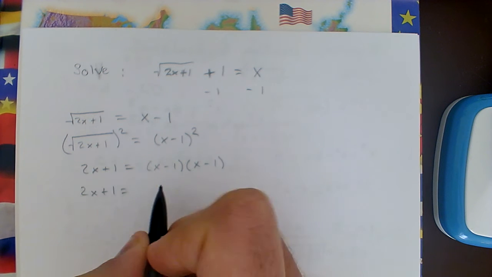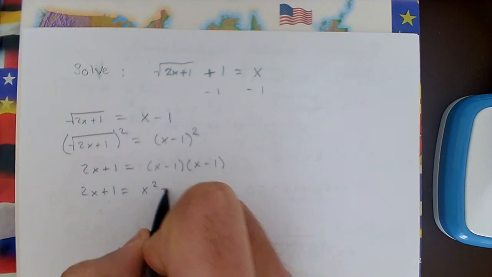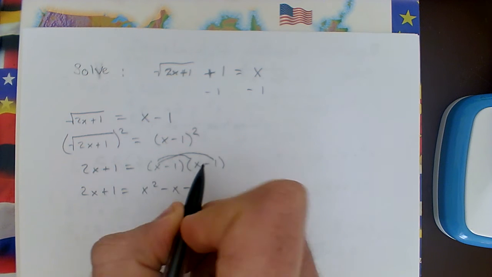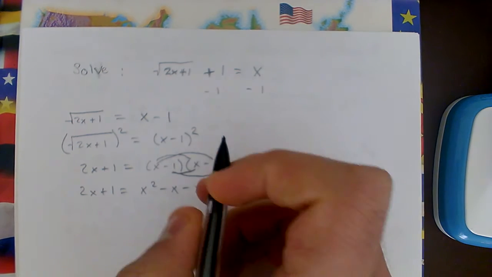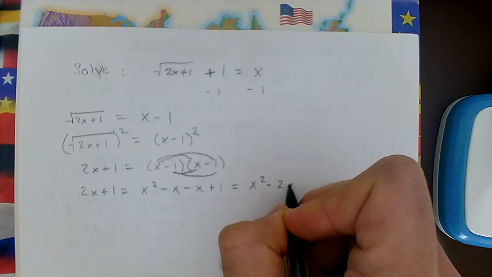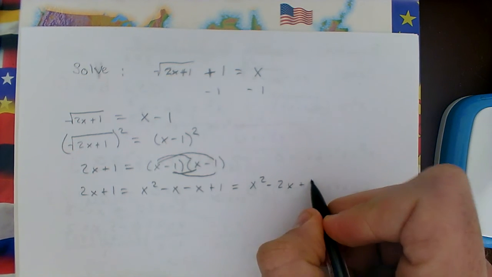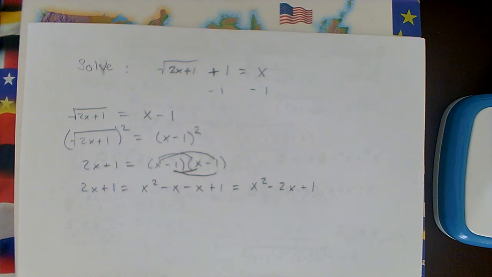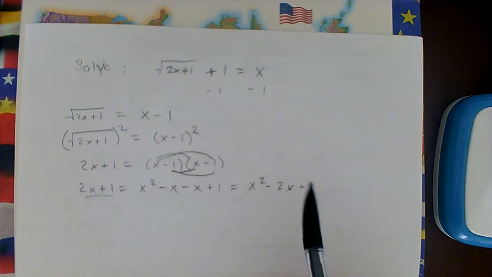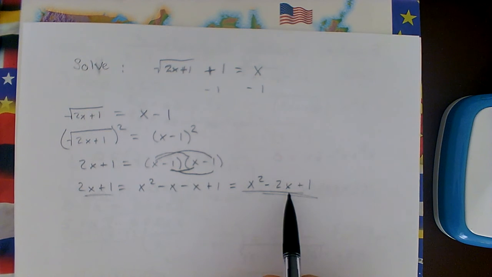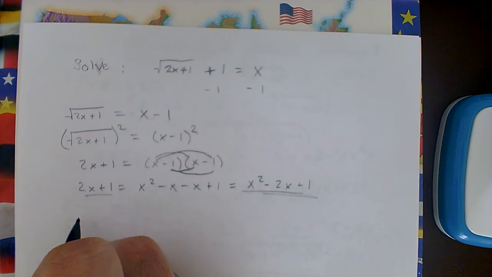FOILing this out, we get x squared minus x, x squared minus x plus 1, or x squared minus 2x plus 1. Okay, so now it looks like something we've seen before. It's just a quadratic equation.